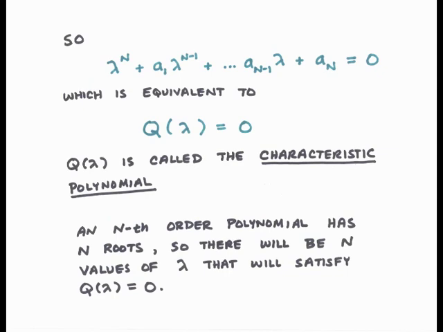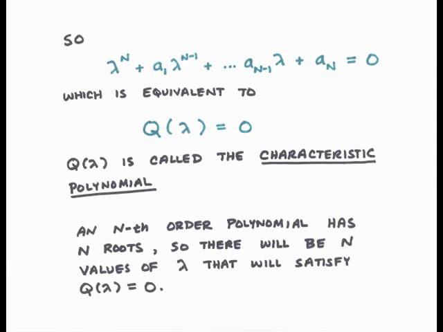So here we're writing that polynomial out and setting it equal to 0. And we note that that polynomial is q of lambda. Recall that q of D was the differential operator polynomial which operated on y0. Q of lambda is called the characteristic polynomial, and it will be very important in the study of the zero input response.